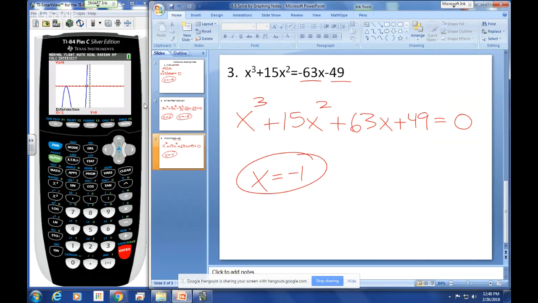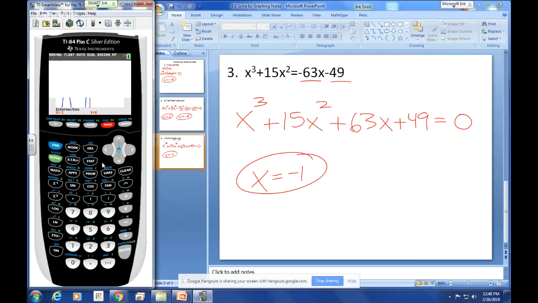So second calc, intersect. You've got to get over to that one. Hit enter until it gives me the answer. Oh, it jumped back. So I wasn't close enough. Second calc again.